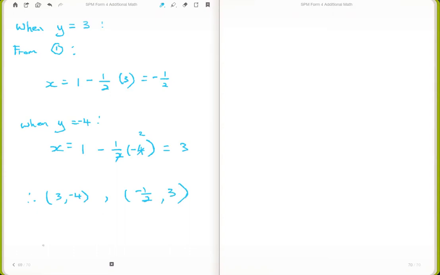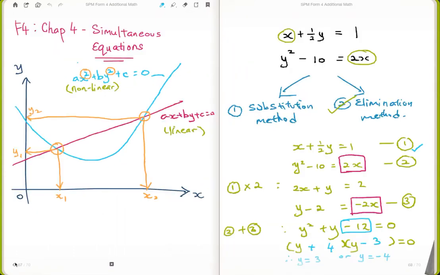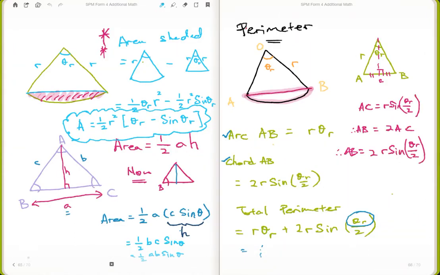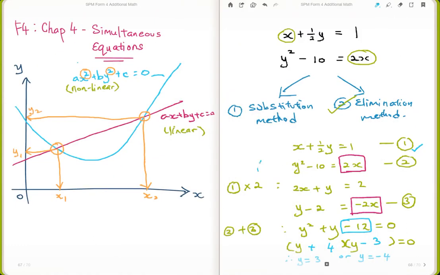So this answer I obtained by using the elimination method. You may also use the substitution method, meaning I substitute what is 2x into the equation, and I get the answer. I'm going to show you what the substitution method is in the following example.